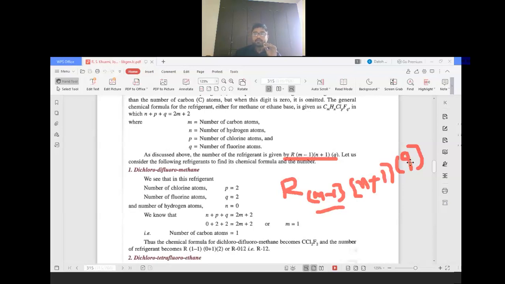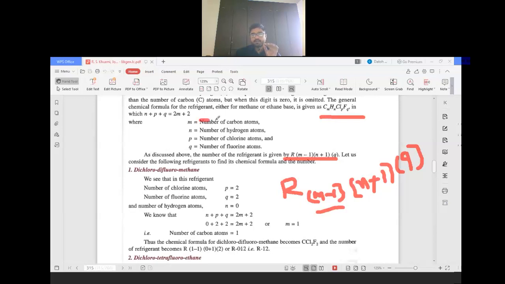But before that, we need to understand what M, N, P and Q are. Here it is explained that M means the number of carbon atoms present in the chemical formula.